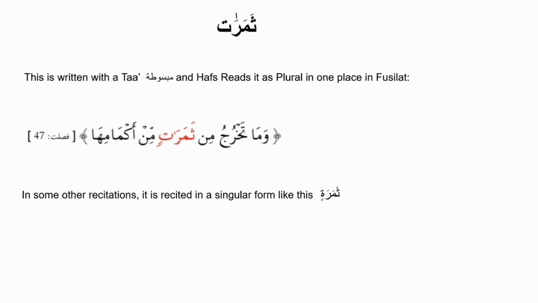But the recitation of Hafs follows the writing of the Quran and stops on the words the way they are written. If the word is written with a flat ta, we'll stop on the word with ta sakina. And if the word is written with ta marbuta, the round ta, Hafs stops on the word with ha sakina.